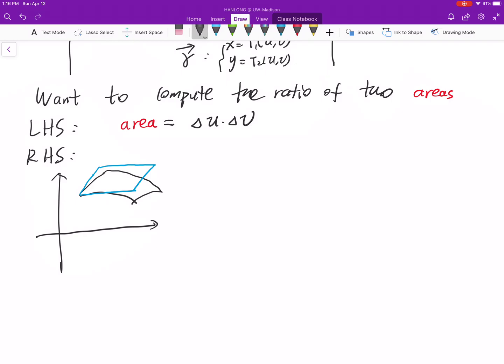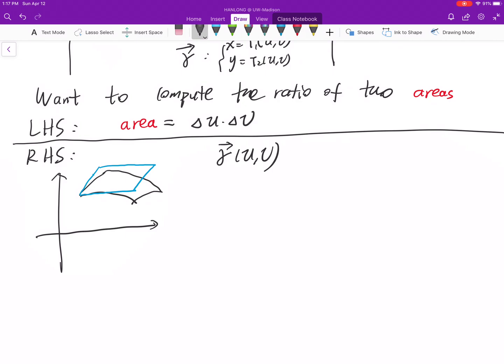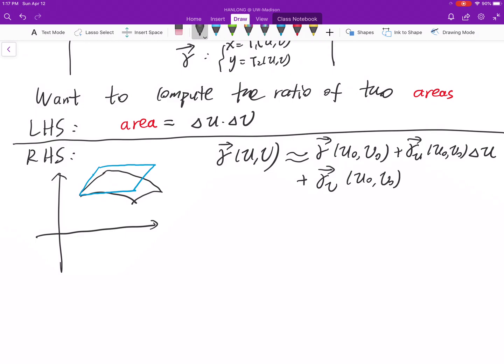So I hope you still remember how to find the closest rectangle to this one. In other words, how to find the tangent plane to this surface. So we recall, from the formula, suppose you have gamma(u, v). We can do linear approximation, which equals gamma(u0, v0) plus gamma_u(u0, v0) du plus gamma_v(u0, v0) dv.